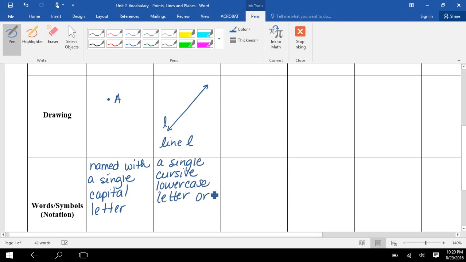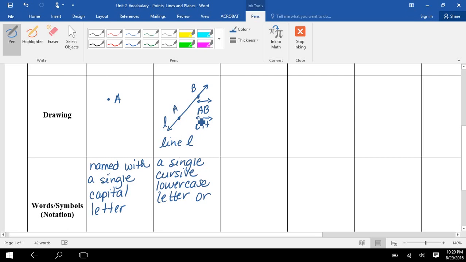or another way that you can name a line is with any 2 points on the line. So for example, if you had a point A and a point B, you could name this line AB, but it has to have the line symbol on top, or since order doesn't matter, you could also call it line BA, as long as you have the line symbol on top.